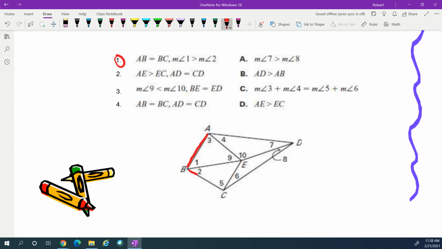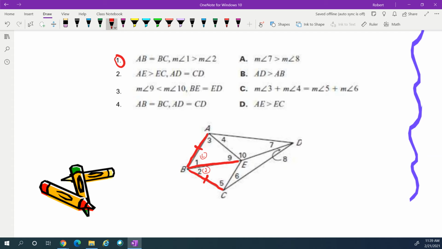Those are congruent. Now we're told angle 1 is greater than angle 2. So angle 1 and angle 2. So we're going to split it. Angle 1 is larger. Angle 2 is smaller.